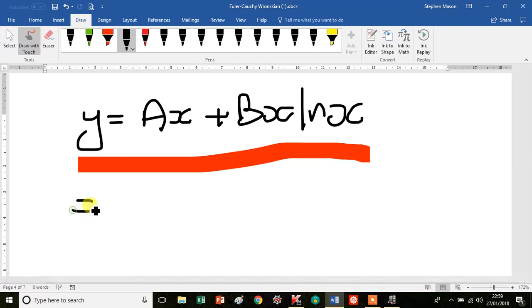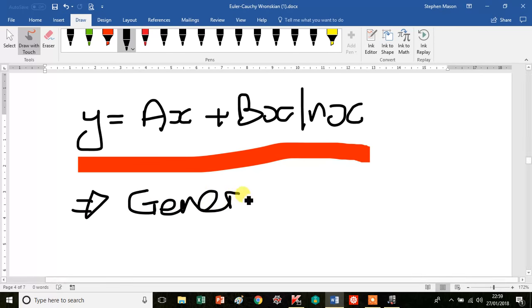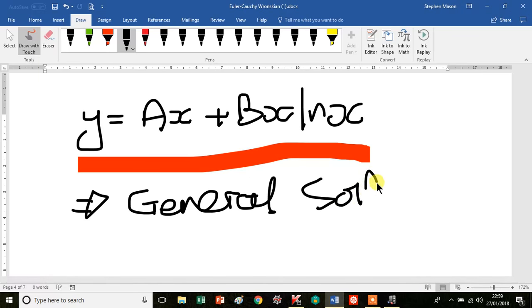So we'll just write down, it implies general solution. And so that is that.